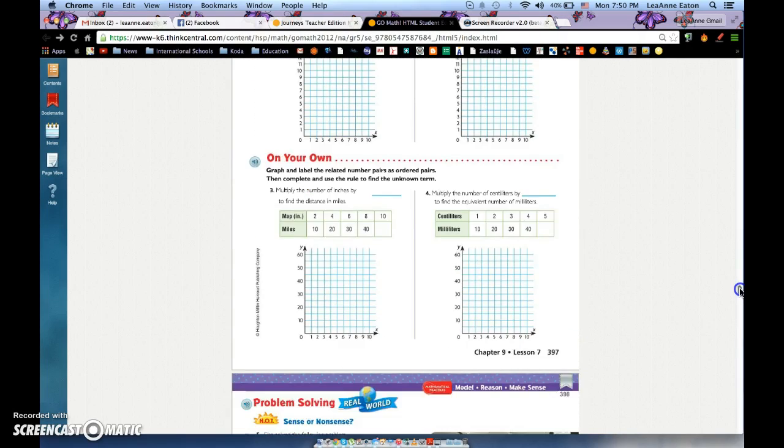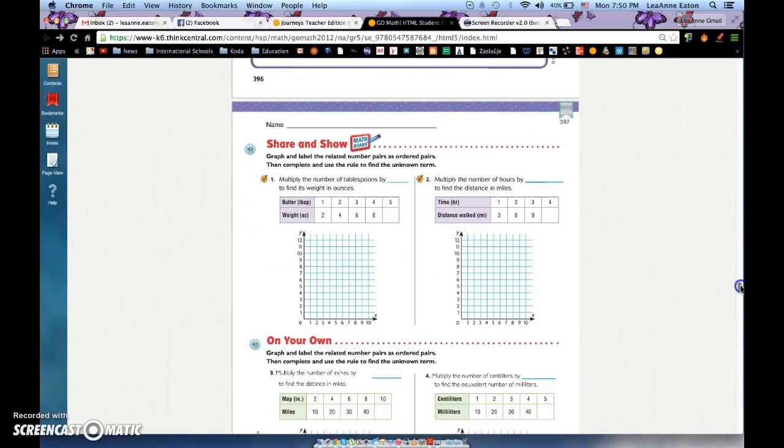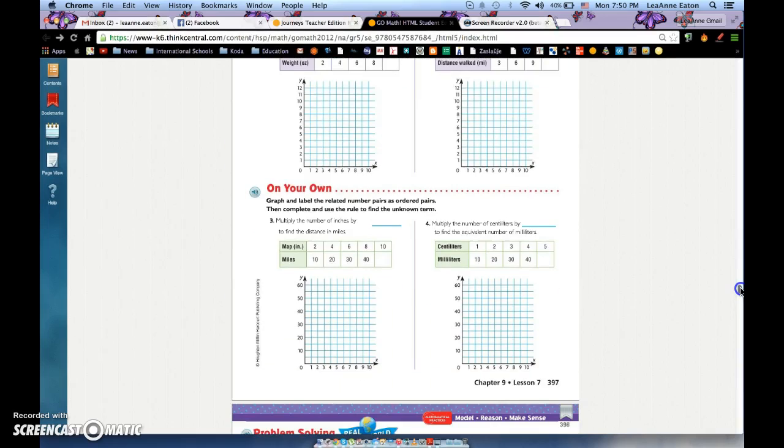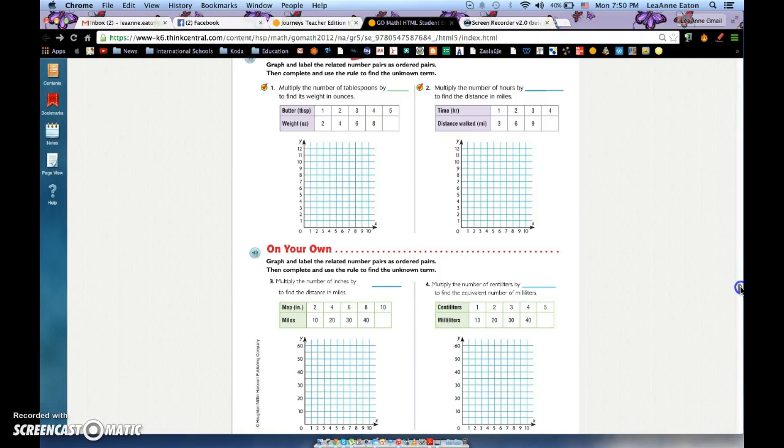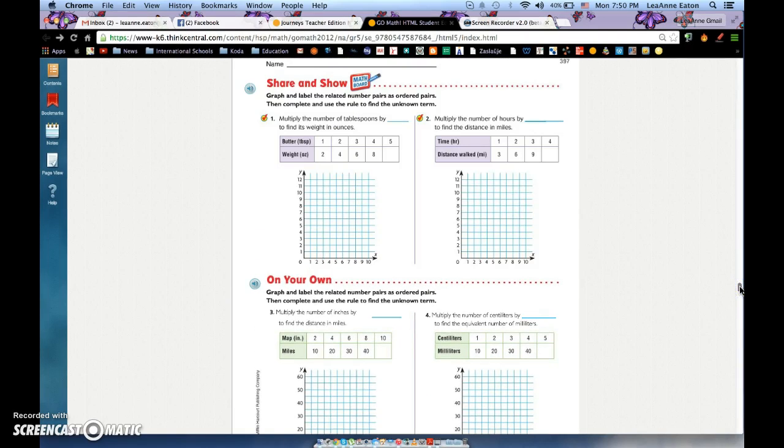Okay, if you have gotten all of these correct, then I want you to work on the homework pages. You're going to work on the homework pages for 9.7, both the regular page and the review page, both sides. And it's very important that you're paying attention to the word problems. So go ahead and do this and then check the answers in just a moment.